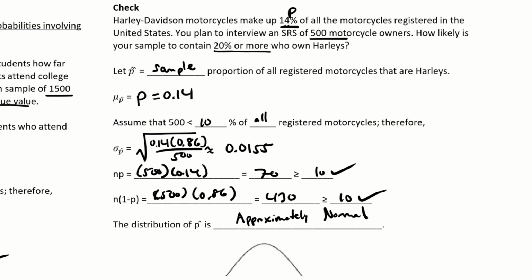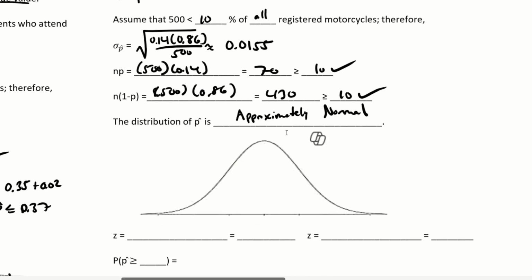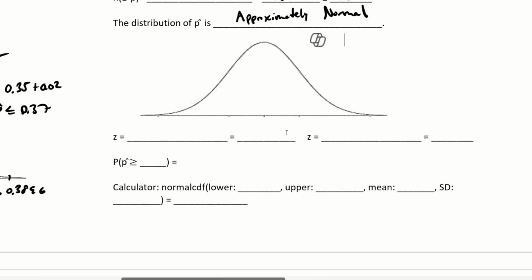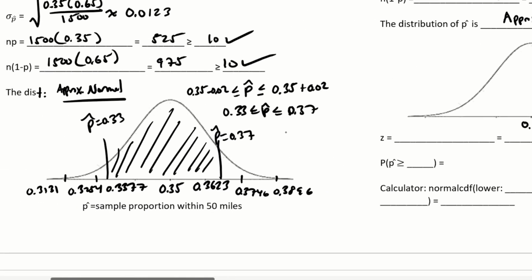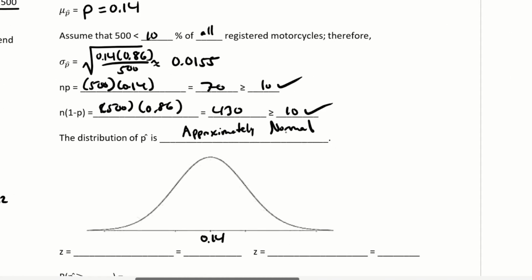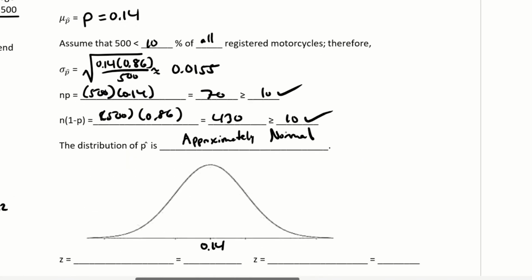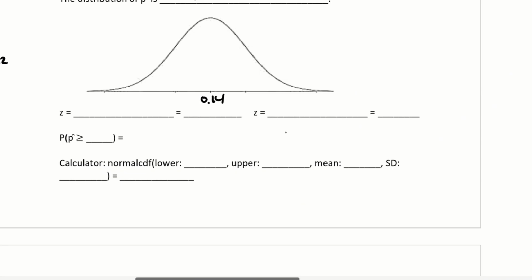All right. So since it's approximately normal, we should be able to label the numbers there. So again, the middle is going to be the p, which is 0.14. The standard deviation, if you recall, is up here, 0.0155. Okay, so we're going to add those all up: 0.1555, 0.171, and then 0.1855.